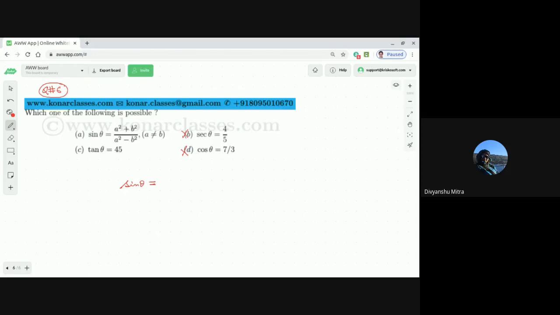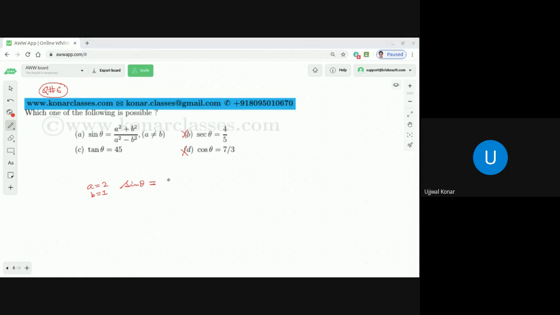Logically, this will be greater than 1. Correct, exactly. You only said it, right? But initially you said it is possible, right? For all these kinds of questions, when you need to answer very quickly, you take A equal to 2 and B equal to 1, because A, B are real numbers and A is not equal to B.